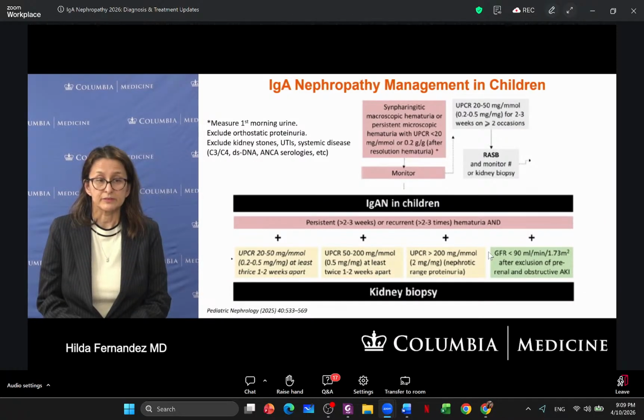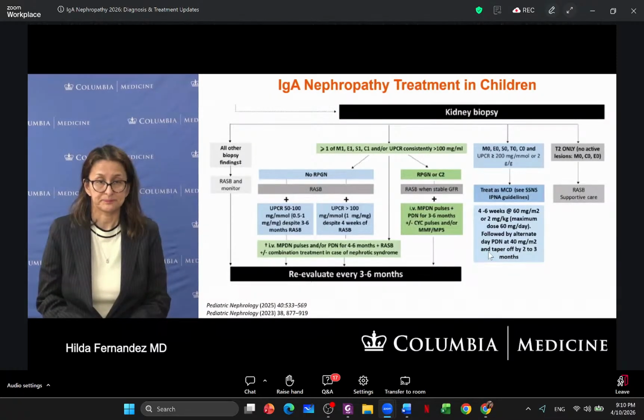That's measured at least 3 times, 1 to 2 weeks apart each time. And then, as you can see, certainly if we are getting to the point where we are having more extreme nephrotic syndrome or change in GFR, then we're going to move more quickly, doing a kidney biopsy.